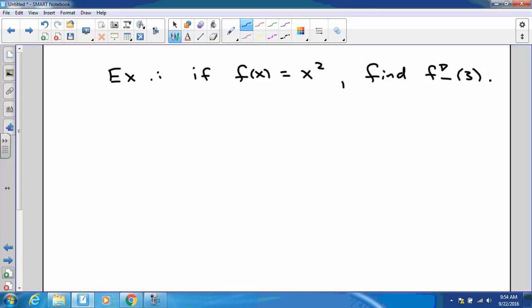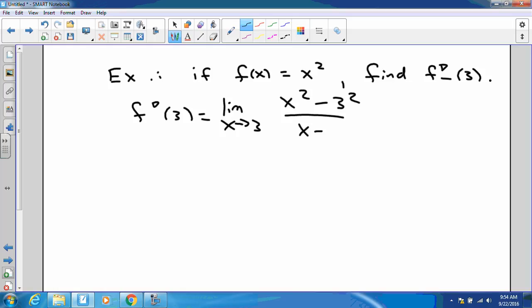I can set up the limit as x goes to 3 from the left, or I can conquer the whole problem in one fell swoop by finding the overall derivative at 3, and then appealing to my two-sided theorem. And that's what I'm going to do. I'm going to say that f prime of 3 is the limit as x goes to 3 of x squared minus 3 squared all over x minus 3.